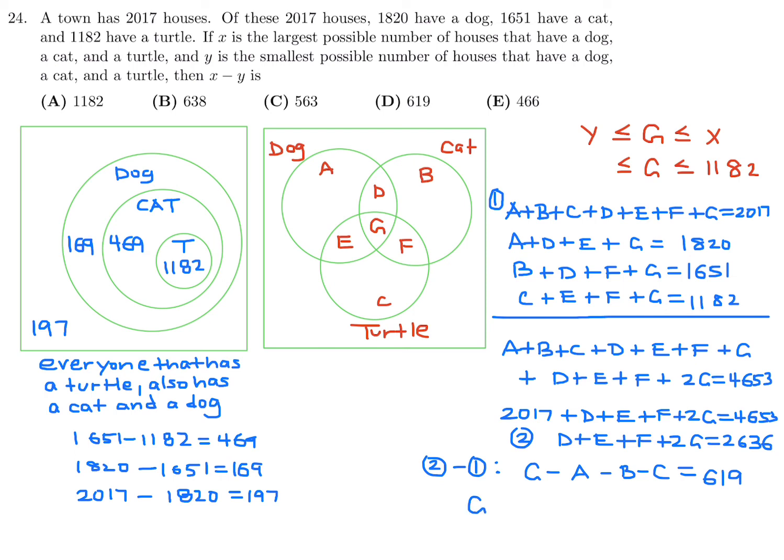So that means G is equal to 619 plus A plus B plus C. And therefore the minimum value for G will happen when A is 0, B is 0, C is 0. And that's the minimum value.